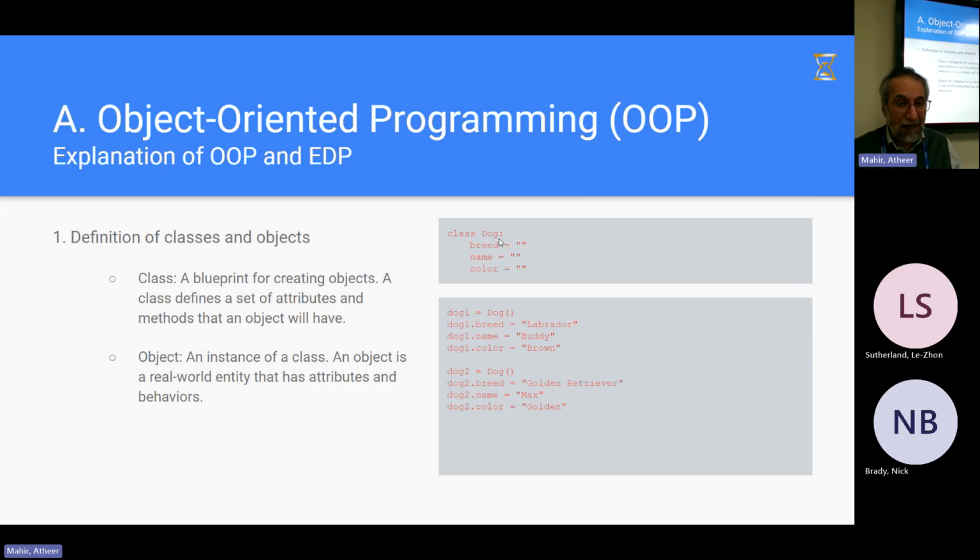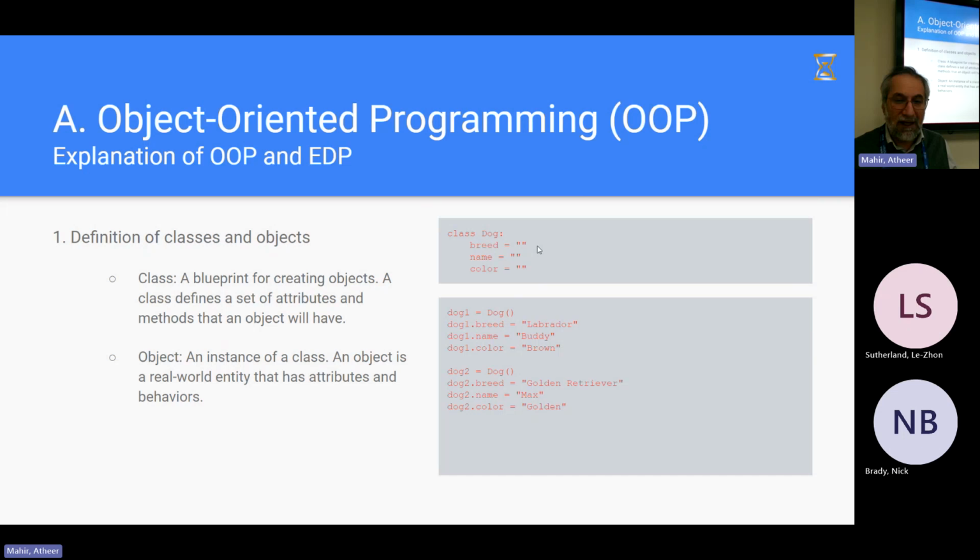Okay, and in Python, when we have a class, we use a capital letter for the first letter, just to distinguish between the class and the normal data. So class Dog, and I put these values.